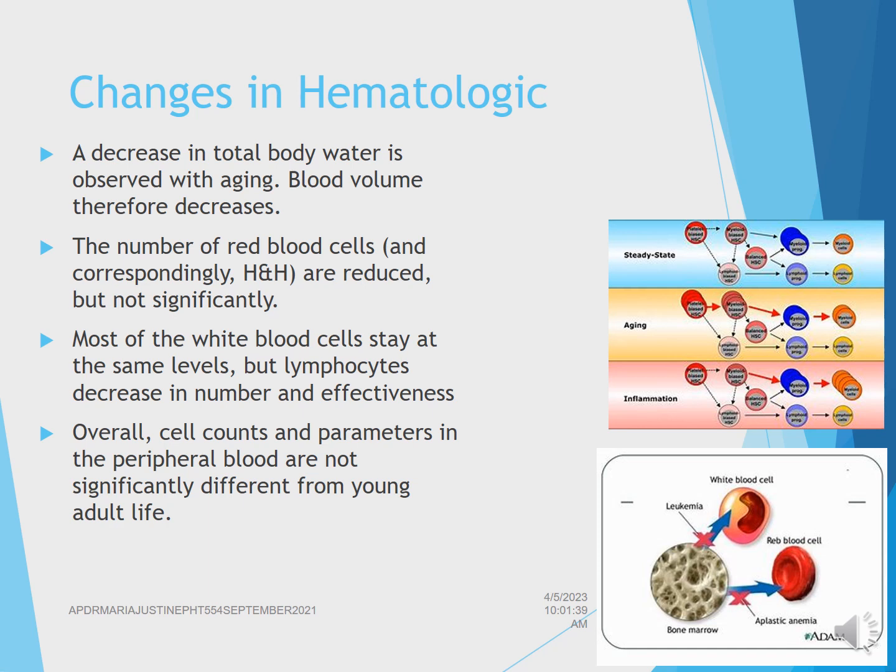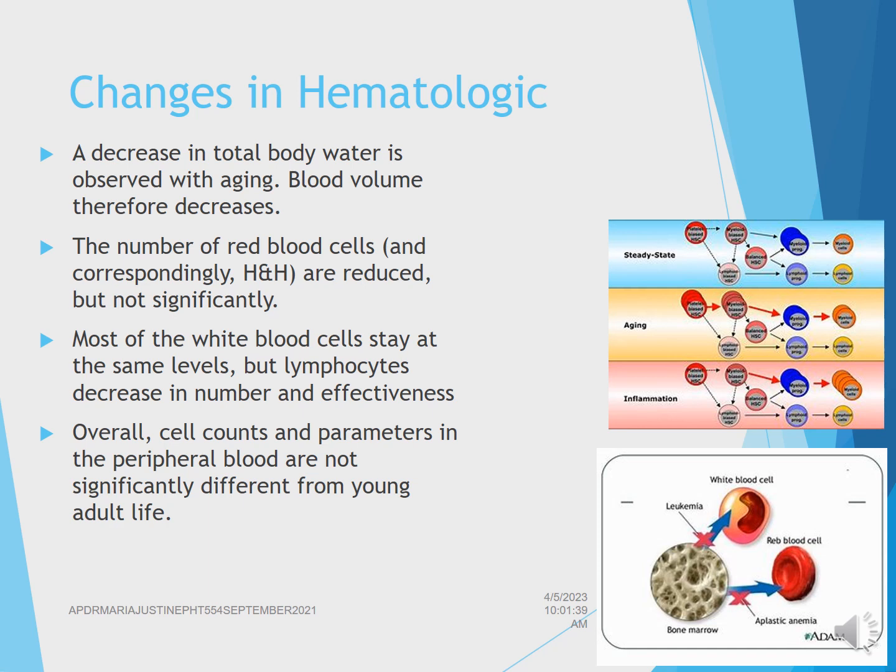So in the blood, the hematological changes, there will be a decrease in total body water. Blood volume therefore decreases. The number of red blood cells is reduced, but of course it is not significant unless it is also associated with a certain disease.